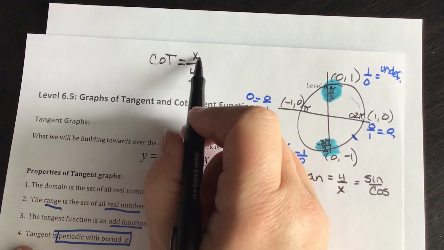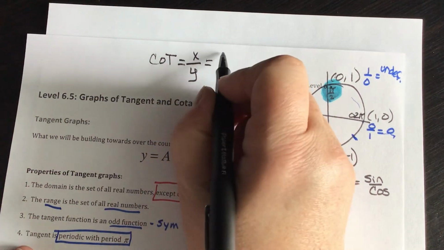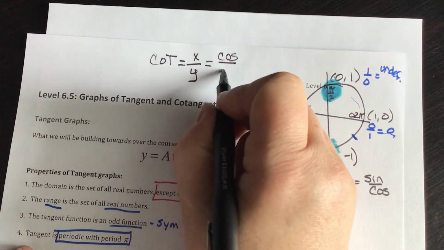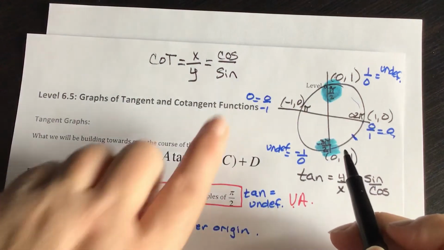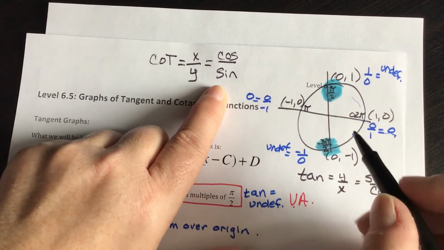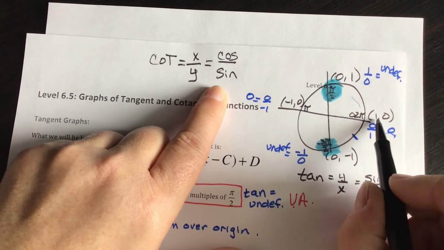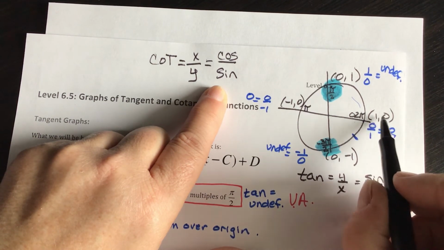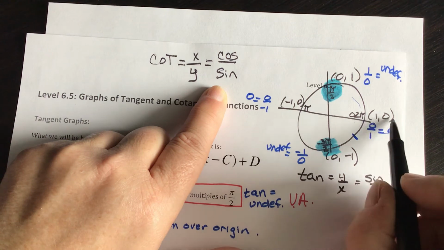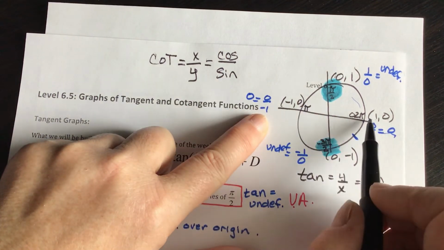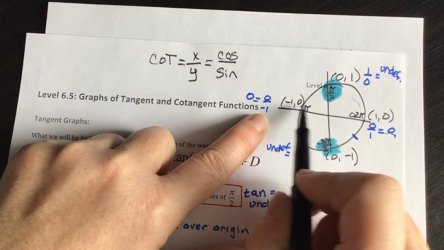So cotangent is going to be x over y, which is cosine over sine. And cosine over sine at 0 would be 1 over 0, so it's undefined at pi and undefined at 2 pi.